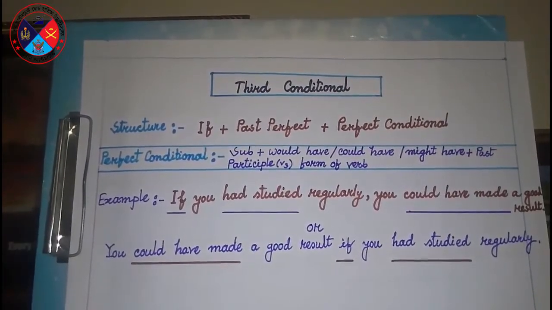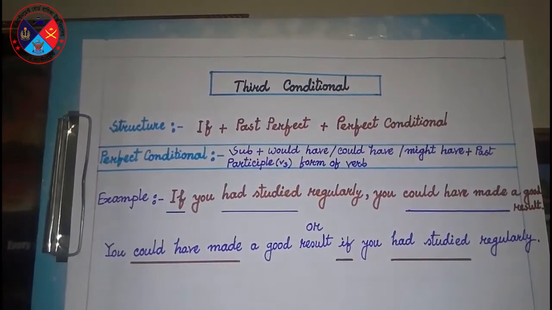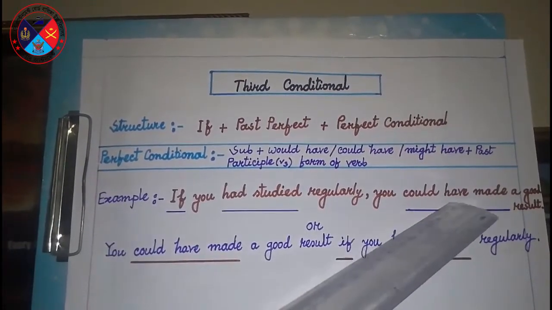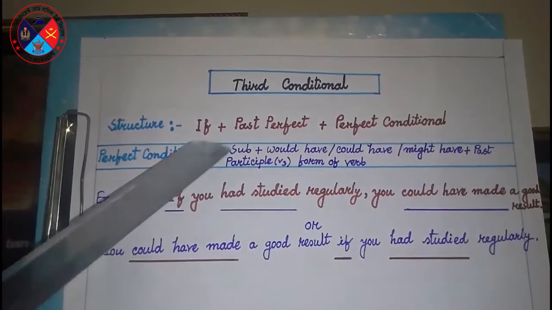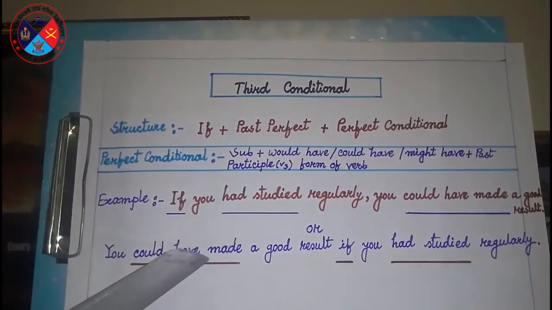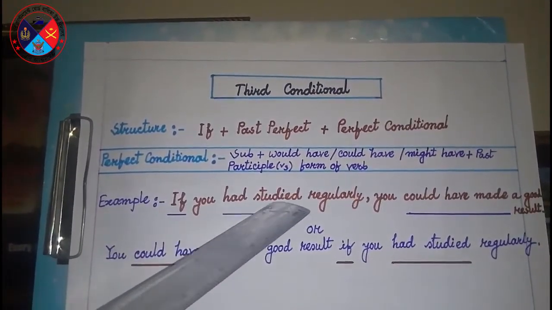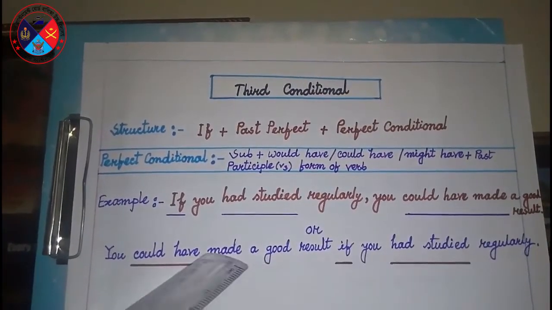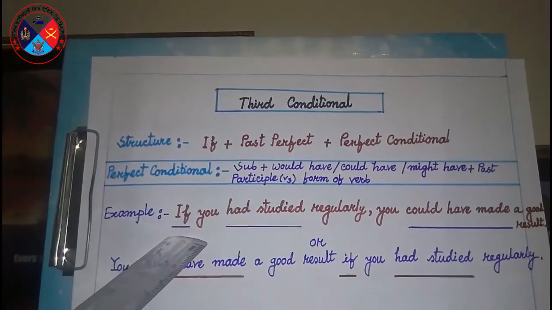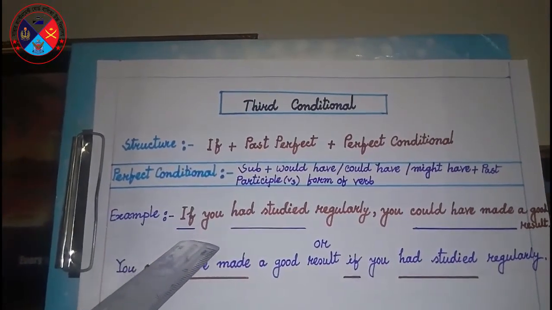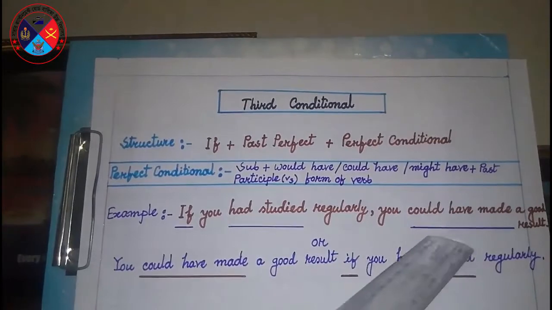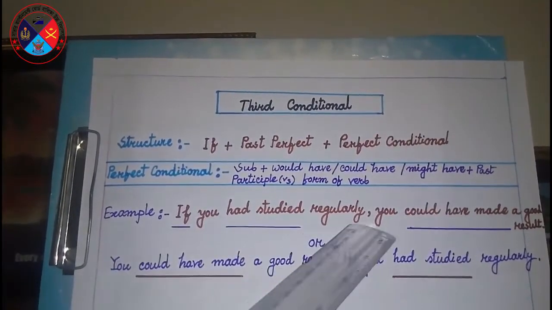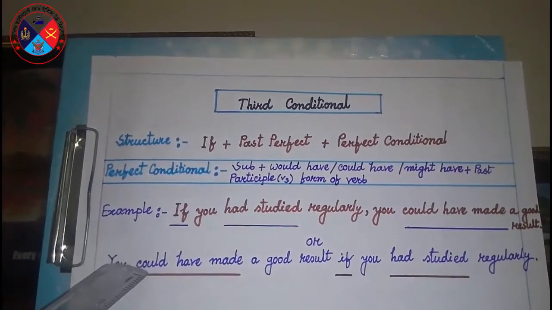Here is an example. If you had studied regularly, you could have made a good result. Notice carefully the underlined words, the underlined verbs, and the structure of this sentence.